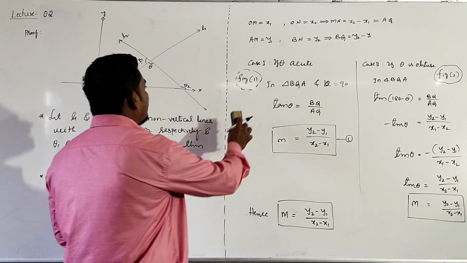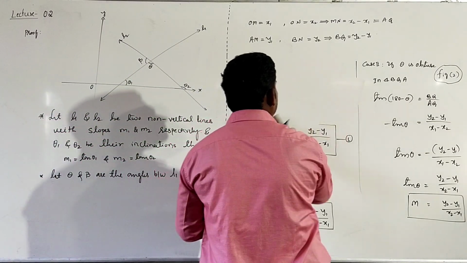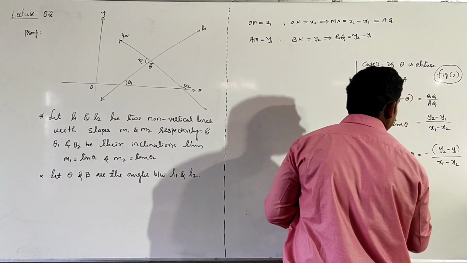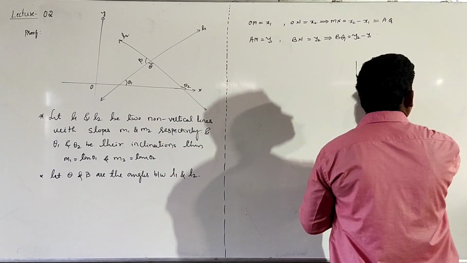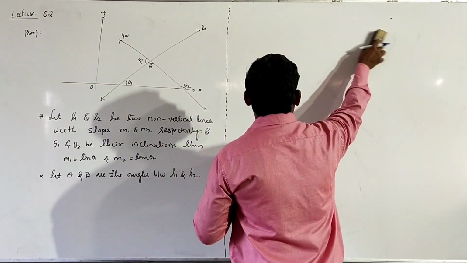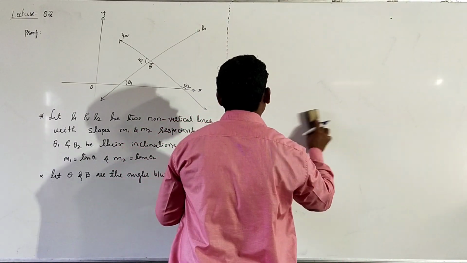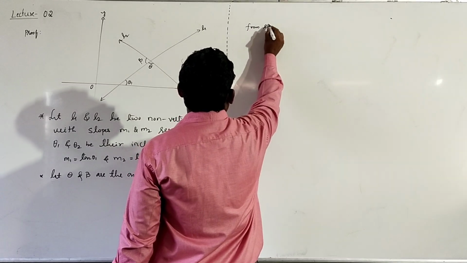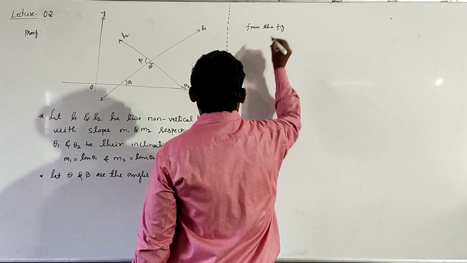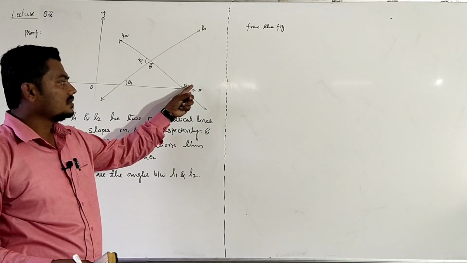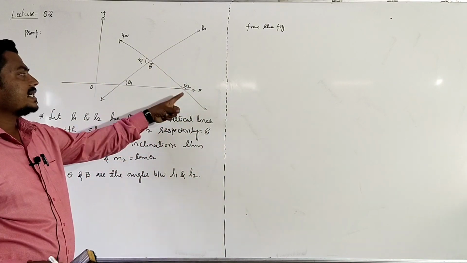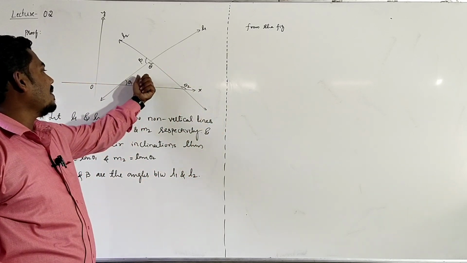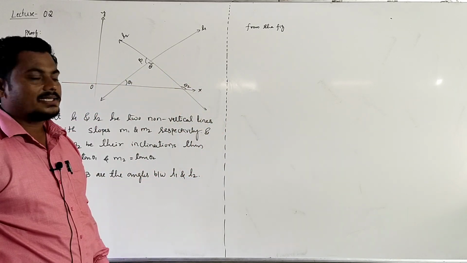Next, from the figure, what do we write? Theta 2 is the exterior angle, and theta 1 and theta are interior angles.